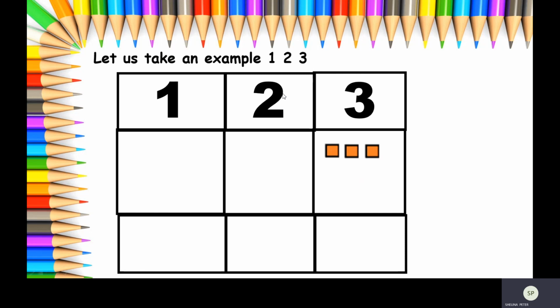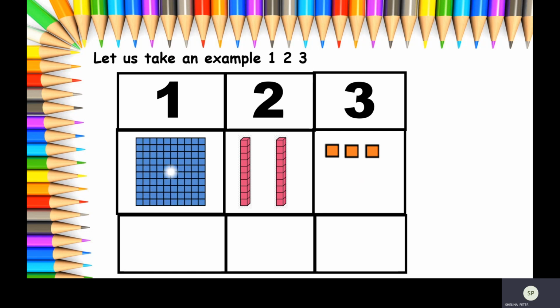We have 2 at tens place. So let us see how many long blocks are used. 1, 2. Let us go to hundreds place. We have 1 here. So how many flat block will be used? Yes, right. Only 1 flat block.